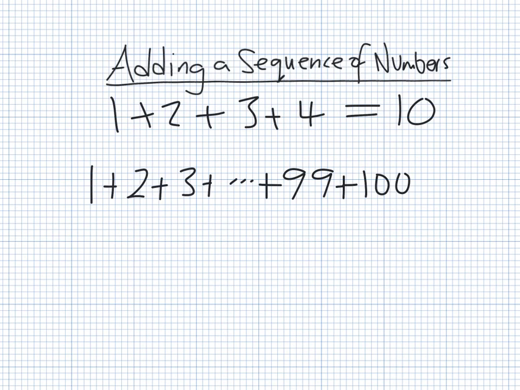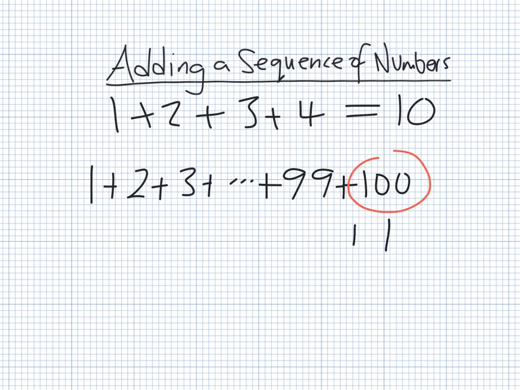Underneath that 1 plus 2 plus 3 and so on, I'm going to write exactly the same thing, but I'm going to write it backwards. So I'm going to start over here where it says 100, and underneath that 100 I'm going to write 1.